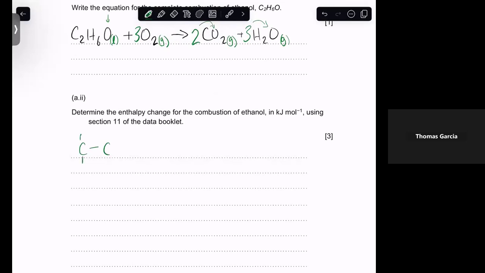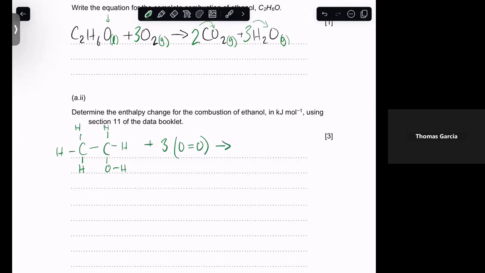That would be 1 carbon with 3 hydrogens, another carbon with 2 hydrogens, and a final bond to an oxygen, which is bound to a hydrogen. That is the only possible way you could do this, satisfying every atom while also allowing for every atom to be used. We're going to bond that to 3 oxygen double bond oxygen.